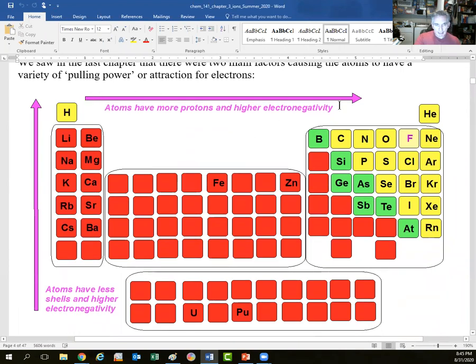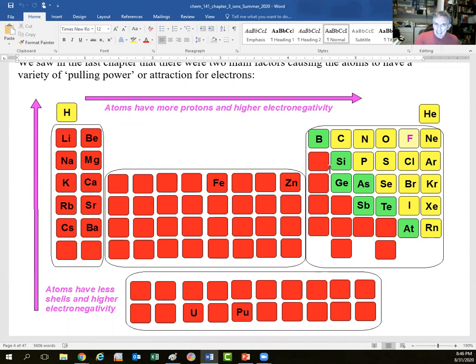As we move to the right, we've got elements with an increasing number of protons and therefore an increasing attraction for electrons. Its own electrons and therefore shrinking the size of the atom, but also an attraction for other atoms' electrons if they are joining together in the shells and sharing that orbital space.